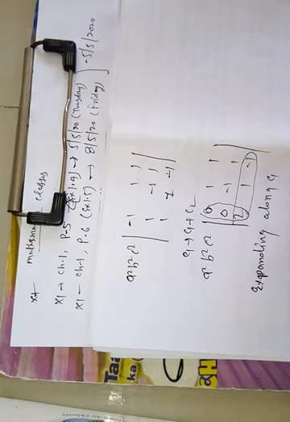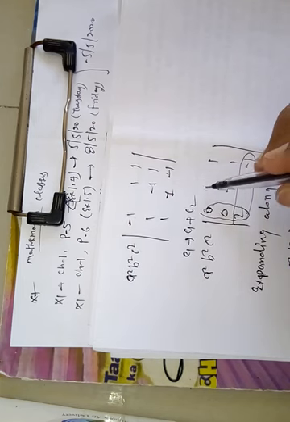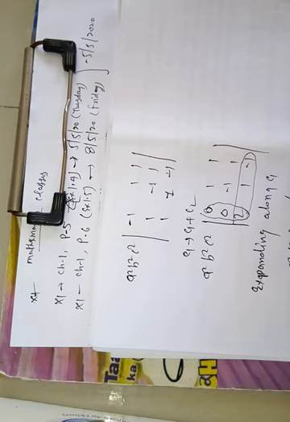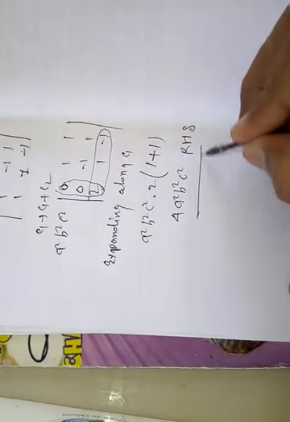So 2 a square b square c square into 2 and these are finished. Multiplying right to left, 1 into 1 minus minus plus 1, 1 1 2, gives 4 a square b square c square, which is the RHS.